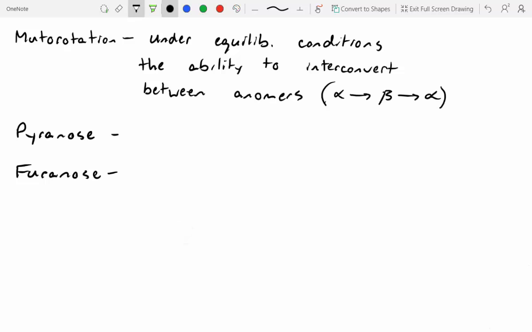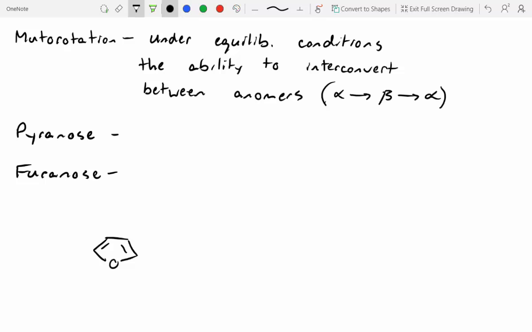I'll give you a hint too. If we think about furan, furan was one of our aromatic molecules, right? If you notice, furan has a 5-membered ring, right? So furanose is typically describing a 5-membered ring carbohydrate system.